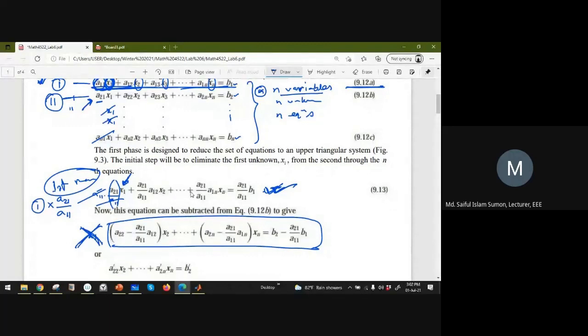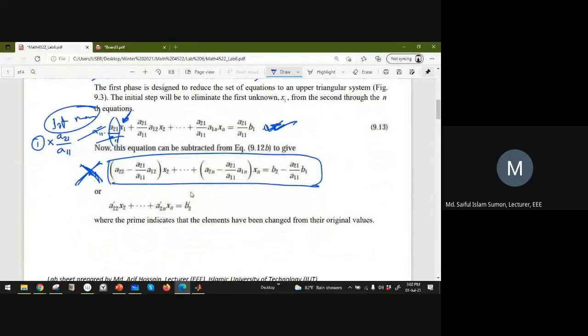Ultimately, I am going to get some equation like this, where this is a22, this is a2n, and this is b2.